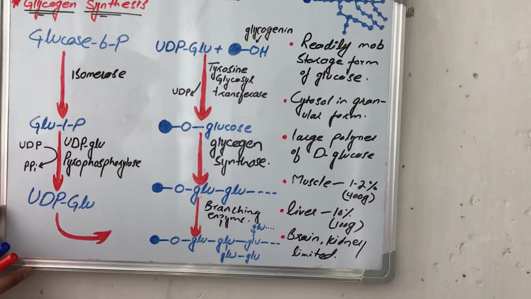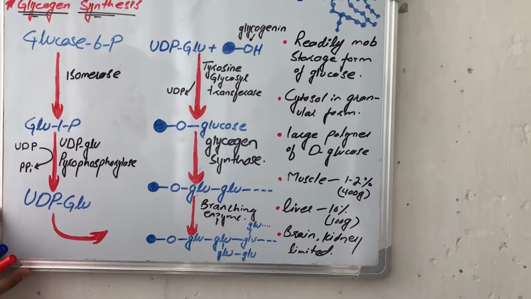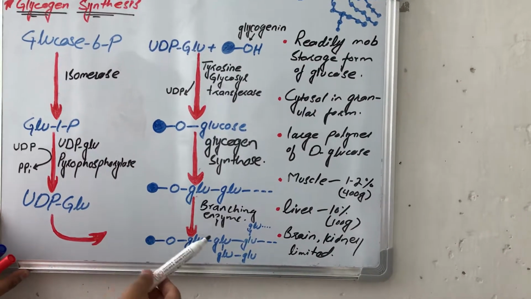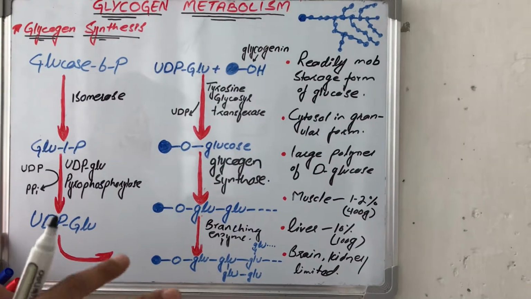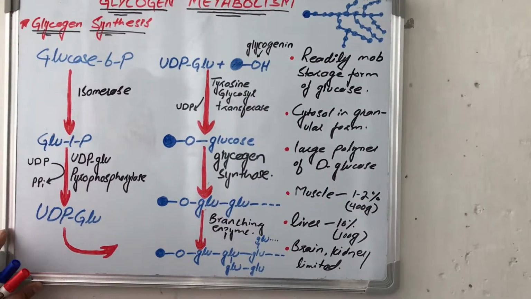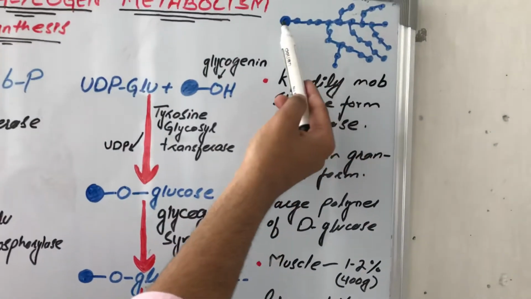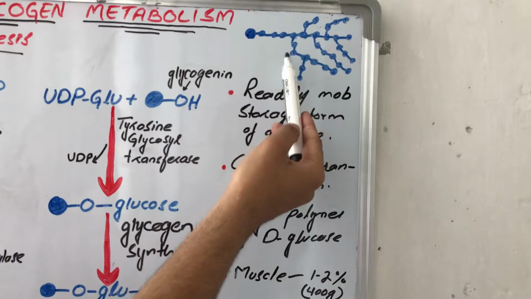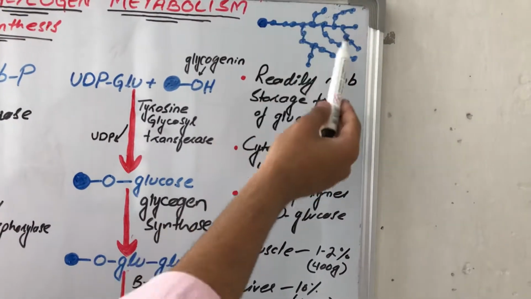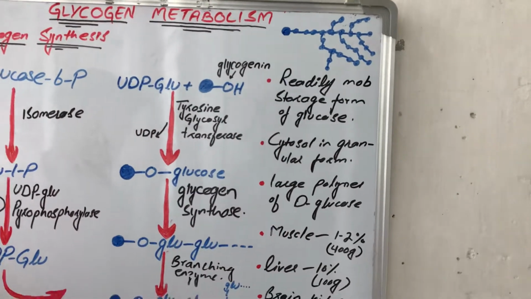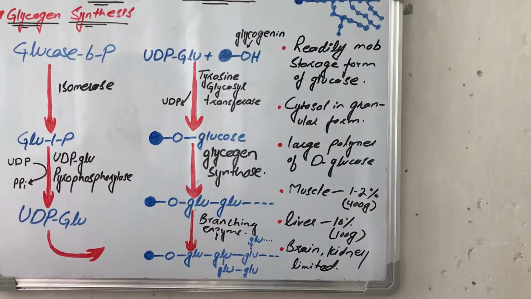This branching enzyme is essential for the formation of glucose 1,6 linkages and 1,4 linkages. These 1,6 and 1,4 glycosidic linkages help in the formation of a long polymerized chain of glycogen, as we see here. This is a long chain of glucose added to the glycogenin, and the branching enzymes help in the formation of different branches. This structure is what we call glycogen. So here we discussed how the activation of glycogen synthase occurs.